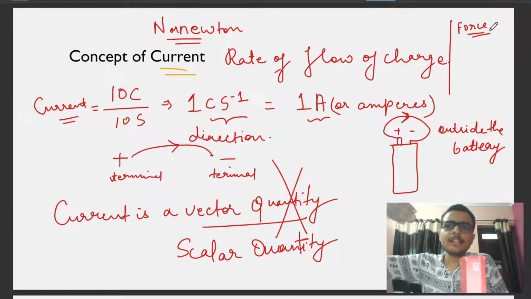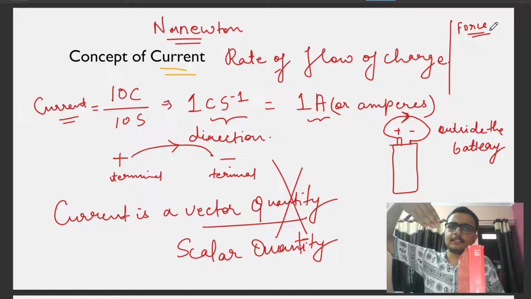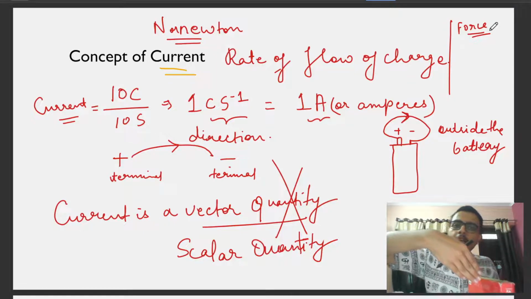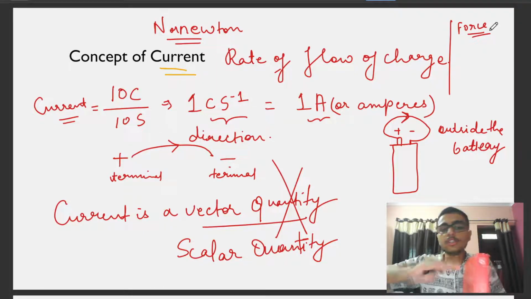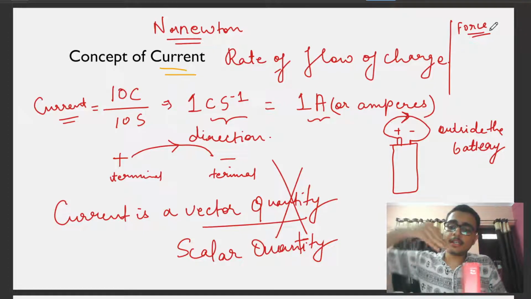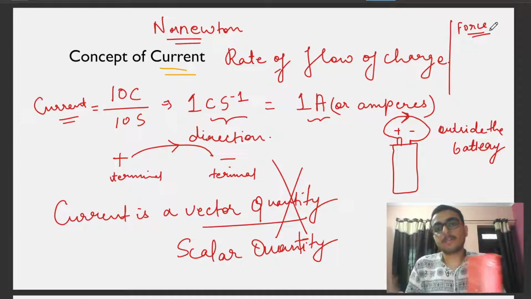When I change the direction of application of my force, in an inclined direction, the box will go in this direction, right? So force is a vector quantity because when I change the direction of force, the motion of this block, the direction of displacement, changes.